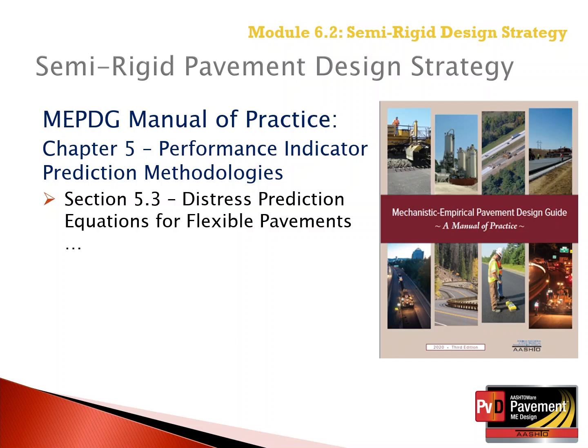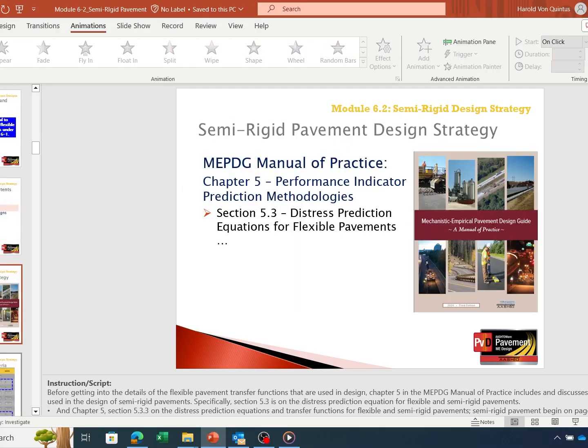Specifically, Section 5.3 is on the distress prediction equations for flexible and semi-rigid pavements. So now let's open the MEPDG Manual of Practice, and we'll briefly go through the specific sections we're going to cover within this part of Module 6-2 on semi-rigid pavement design.